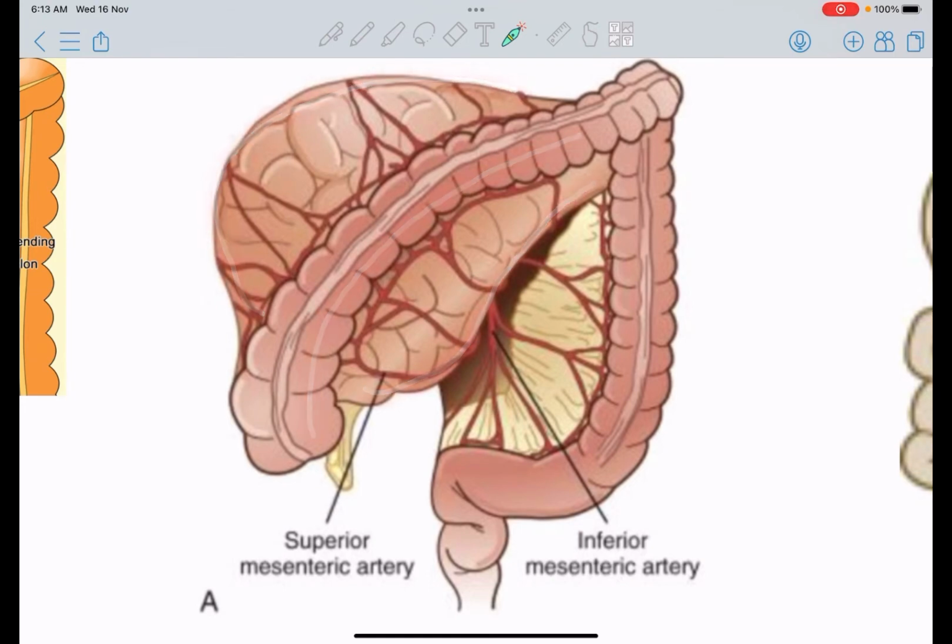and the superior mesenteric artery over here lies at the neck of the hernia and also is anterior to the hernia sac. So this anatomy is important because we should not try to reduce the hernia by cutting the sac over here. In that way we are going to damage the superior mesenteric artery.